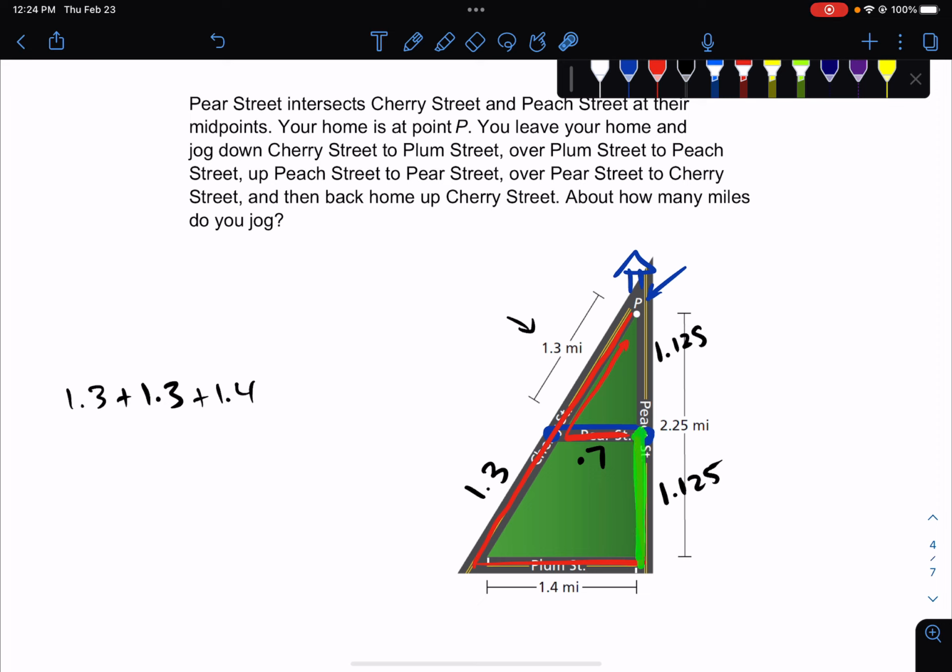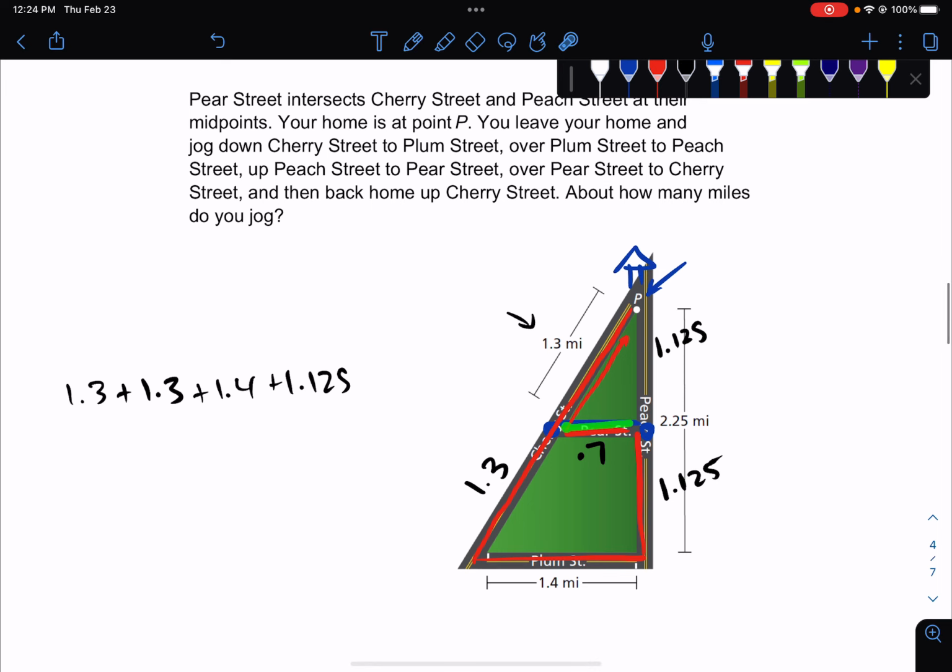So you didn't run all the way up, you only ran halfway up, so I need to add 1.125. And then you run across Pear Street, which is 0.7. And then you run up this half of Cherry Street, which is just the 1.3.